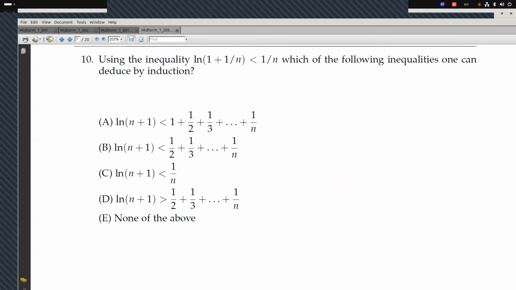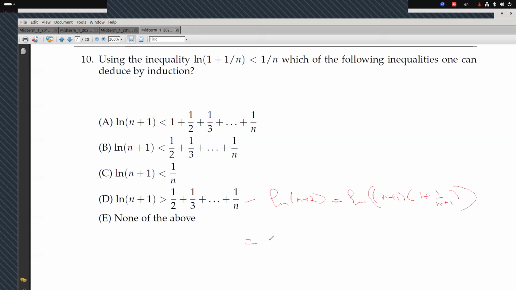Imagine we are proving this one by induction, and we are doing the main inductive step, writing n plus 2 as what we did previously, logarithm n plus 1 times 1 plus 1 over n plus 1.